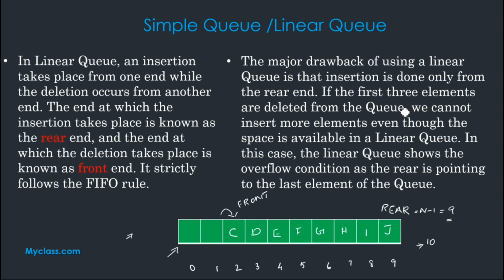If the first 3 elements are deleted, we cannot insert more elements even though space is available at the front side. The linear queue shows the overflow condition because rear is pointing to the last element of the queue, even though there are free spaces at the front. That is the major drawback of a simple or linear queue.